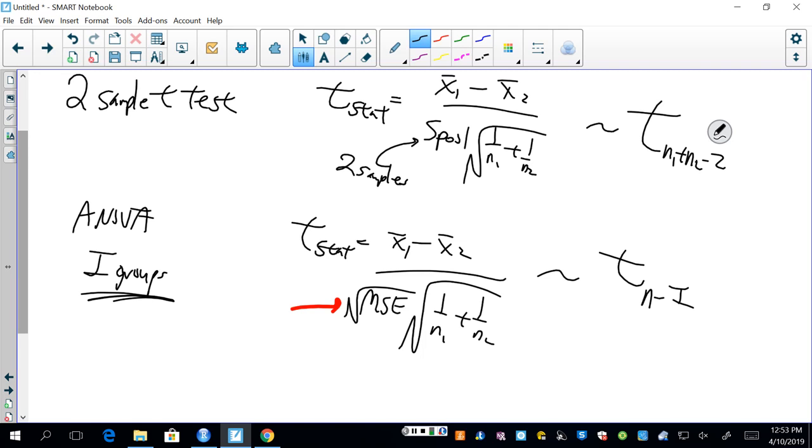But we're going to test 6 things, right? The chance that at least one of those is significant becomes higher. The chance that they're all not significant, 0.95 to the 6th, is smaller.